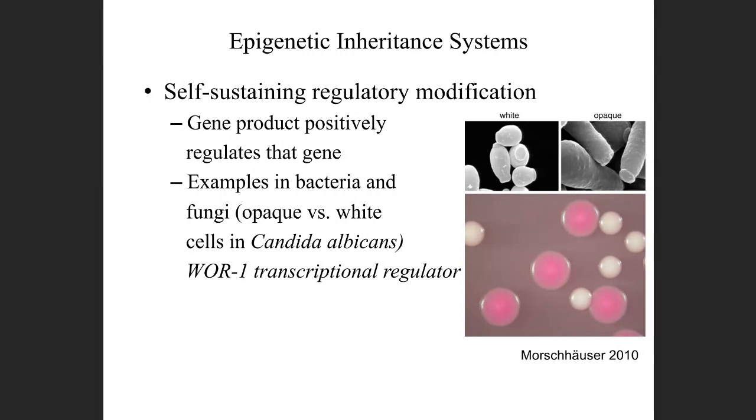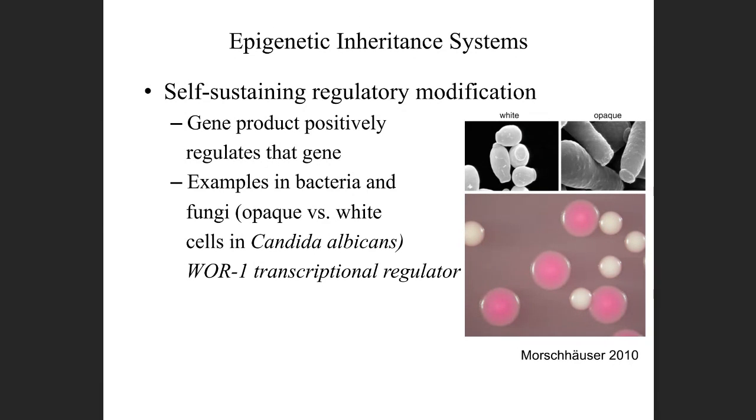Here's the white yeast cell and the opaque form. And they make different colors on the plates. And one thing that's really interesting about this system is that there appear to be some immune defense benefits to being opaque.